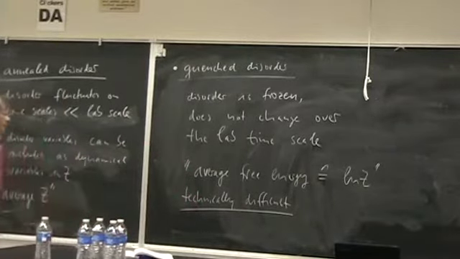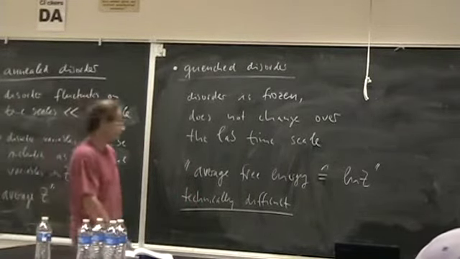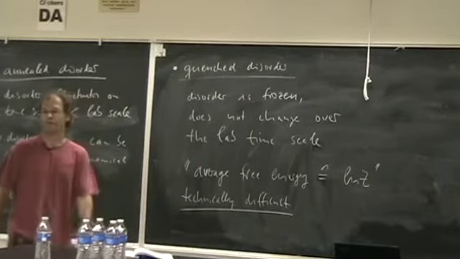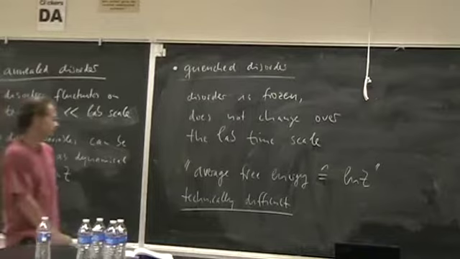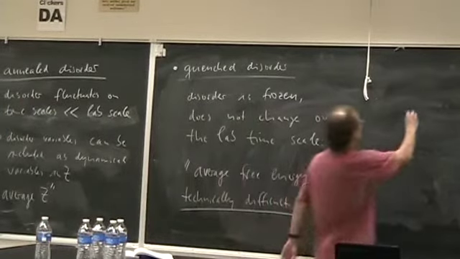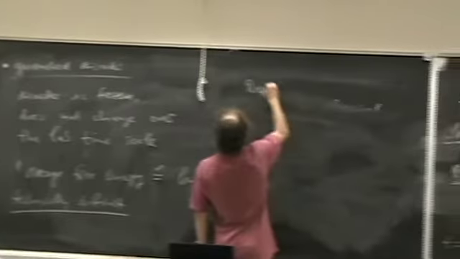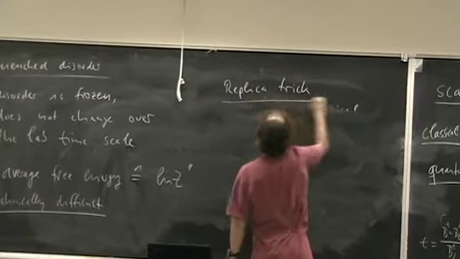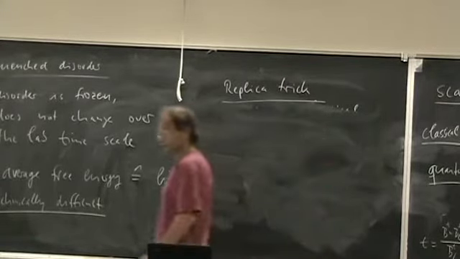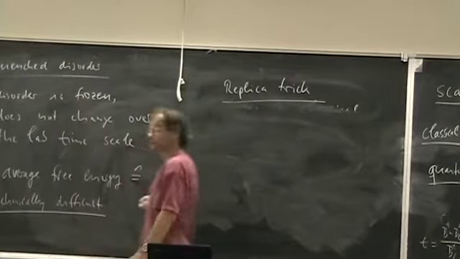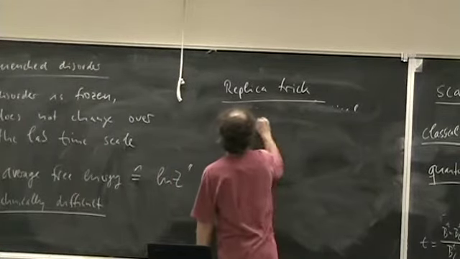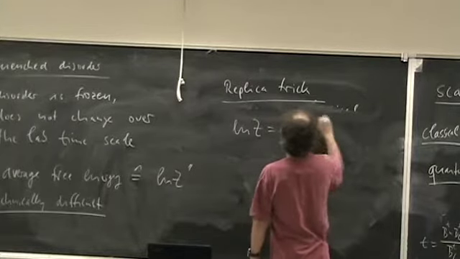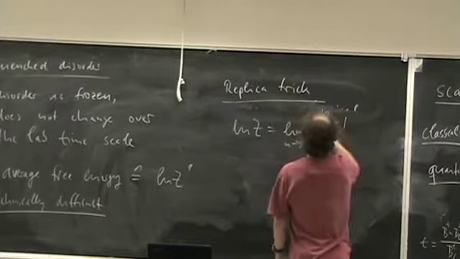And people have devised tricks to actually circumvent this problem. The most famous is the replica trick that some of you, or many of you, may know. Here the basic idea is to just rewrite the log, right? So you write log Z as the limit of little n to 0 of (Z to the n minus 1) over n.